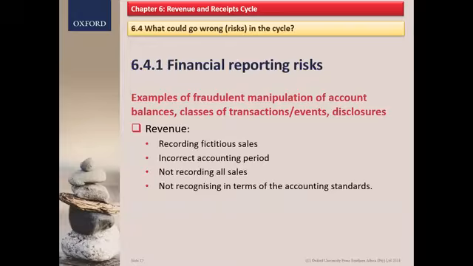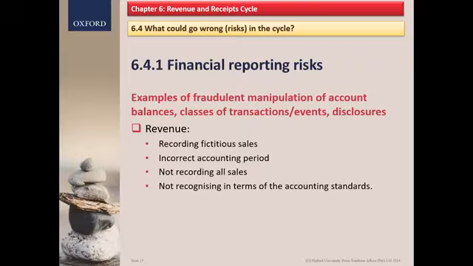If you look at revenue, there is a risk that we can record fictitious sales that are not in existence. Once you record that, our revenue will be overstated, and once the revenue is overstated materially, it becomes an issue of modification of the report.